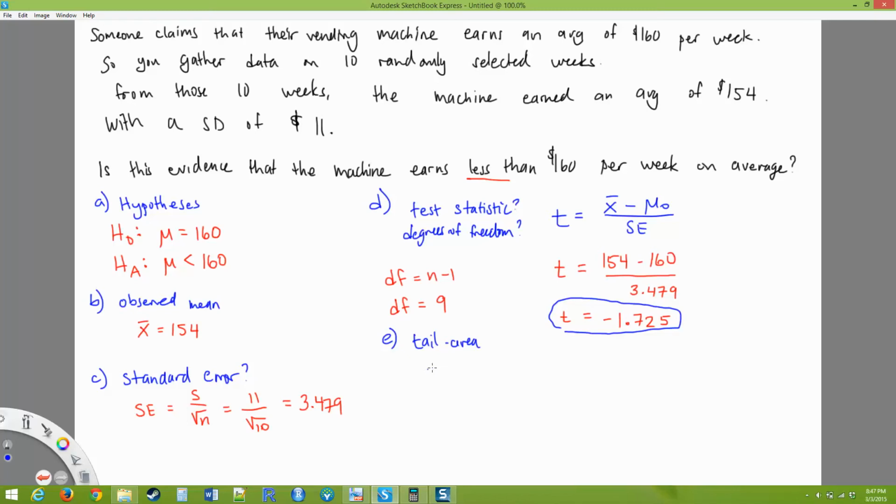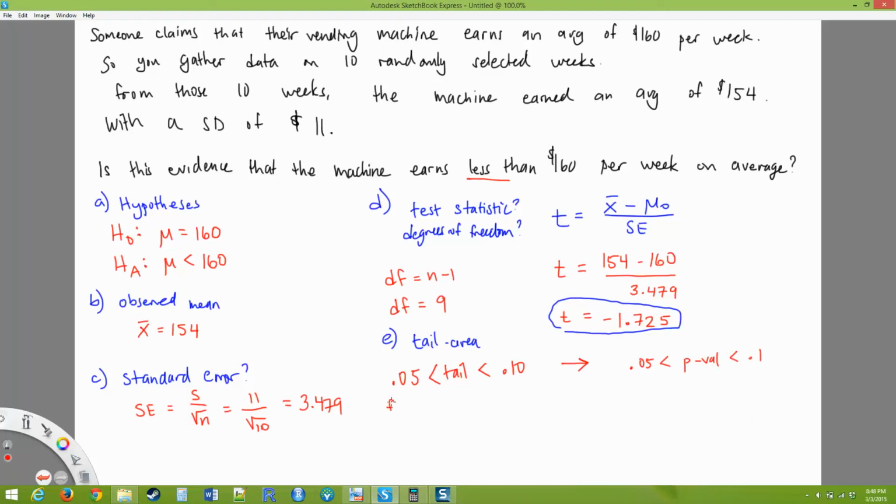So my tail area, here, let me use red, is between 10% but more than 5%. Okay? And do you remember the rules about one-sided and two-sided tests from last week? If you have a less than or greater than sign in your alternative, it's a one-sided test, so your tail area is your p-value. So I have my p-value is between 5% and 10%.